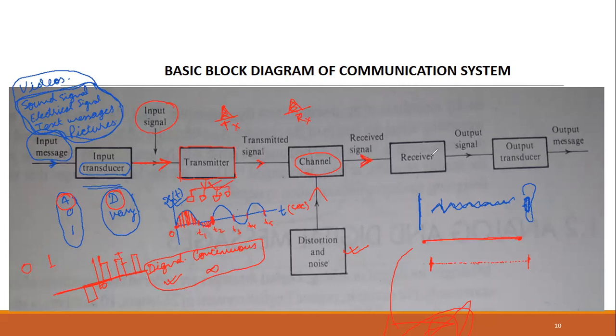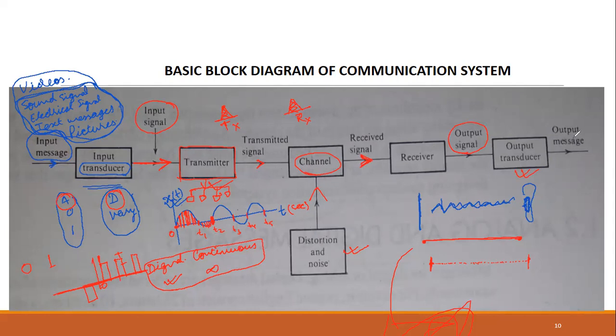Next, this receiver will convert that signal into the signal which we want. Okay, now this is passed through, again there will be an output transducer. So what is the purpose of our communication? The basic purpose of communication is that the message transmitted from here should be received here. So the more correct the message and the signal we get, that will be a good communication system.